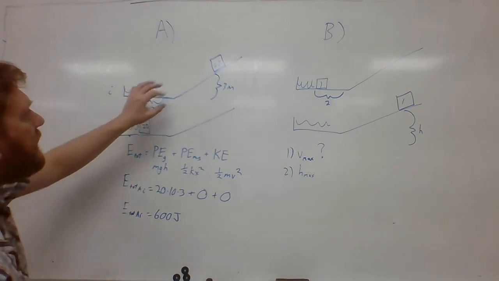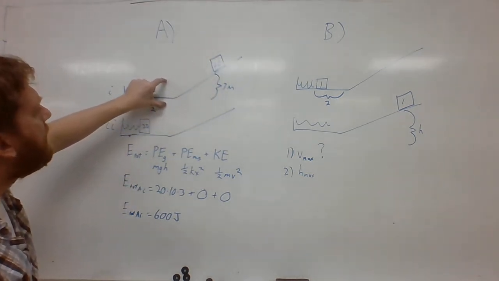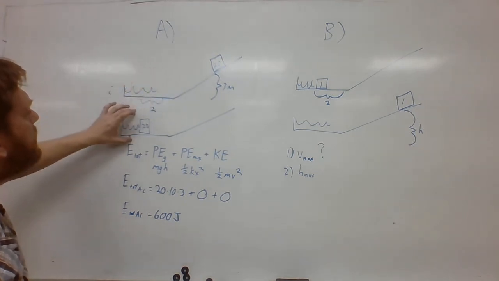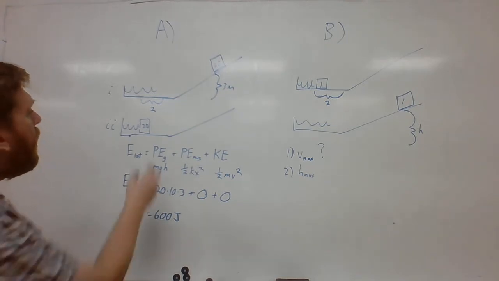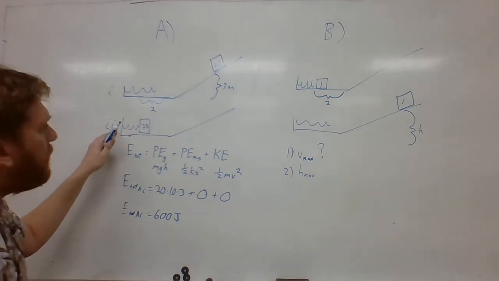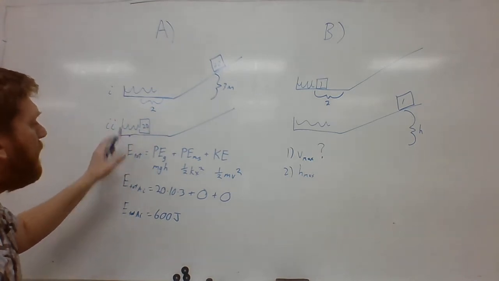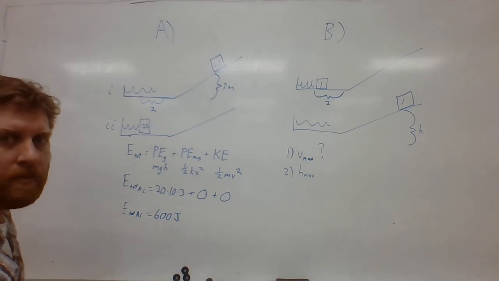The energy changed from potential energy up here, turned into kinetic energy as it sped up, and then all that kinetic energy turned into potential energy of the mass spring as it compressed it. When it's completely compressed, as it is in this situation, there is no more kinetic energy because it's at a stop. It's all inside of the potential energy of the mass spring system.